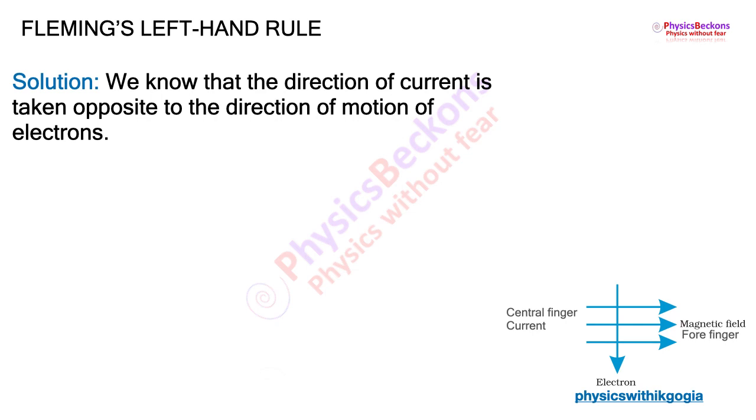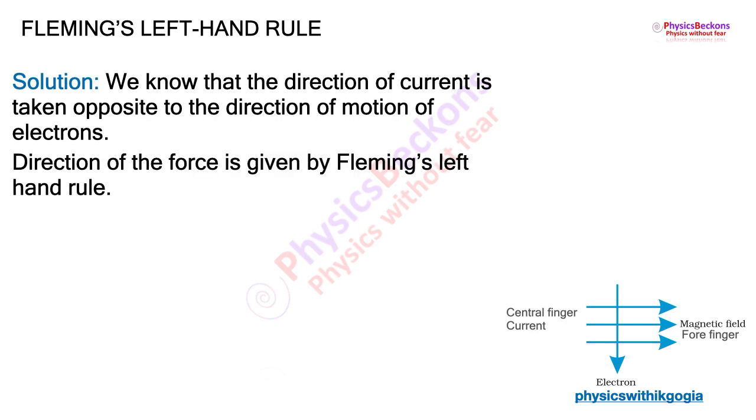In order to find the direction of the force, you have to use the left hand rule, Fleming's left hand rule. Stretch the fingers as discussed earlier, as again shown in this diagram. The forefinger, the central finger and the thumb should be perpendicular to each other.